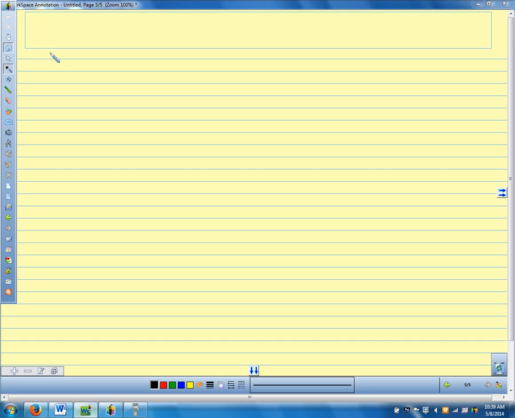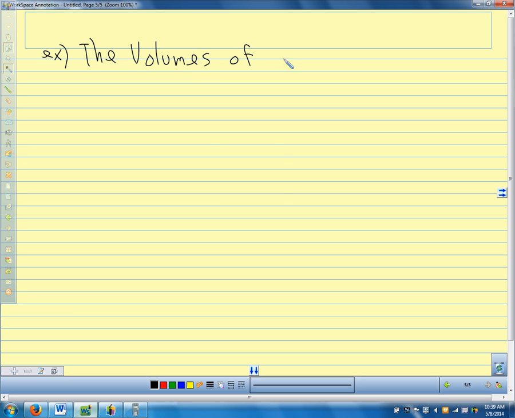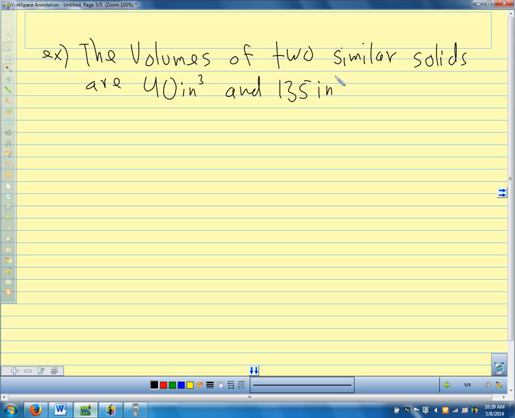So this problem says the volumes of two similar solids are 40 cubic inches and 135 cubic inches.